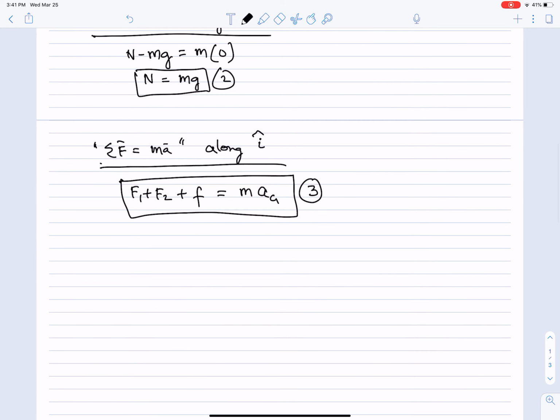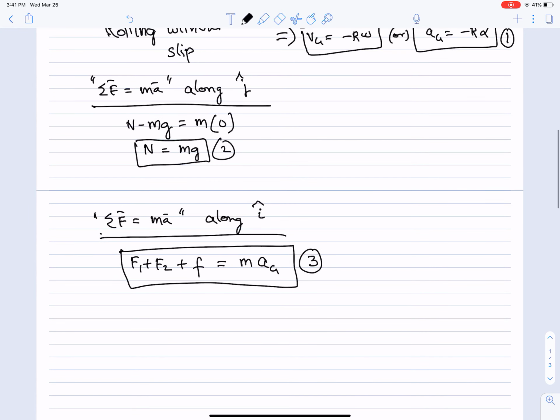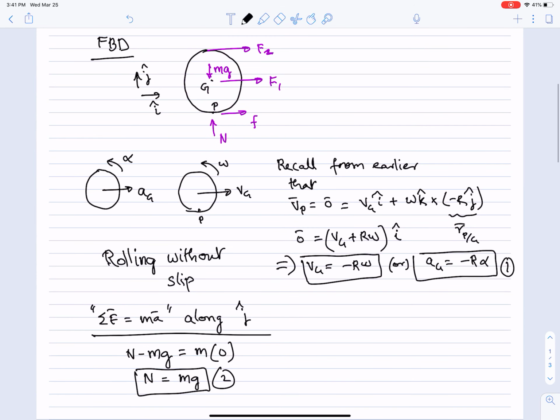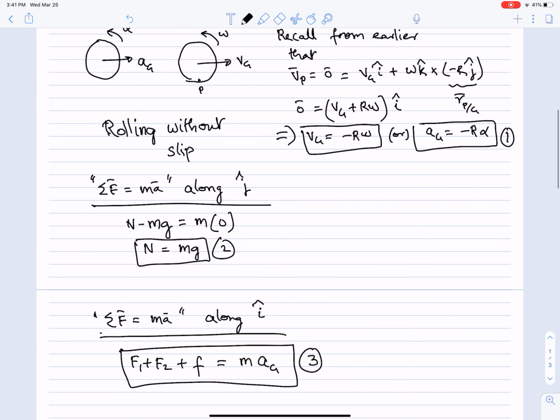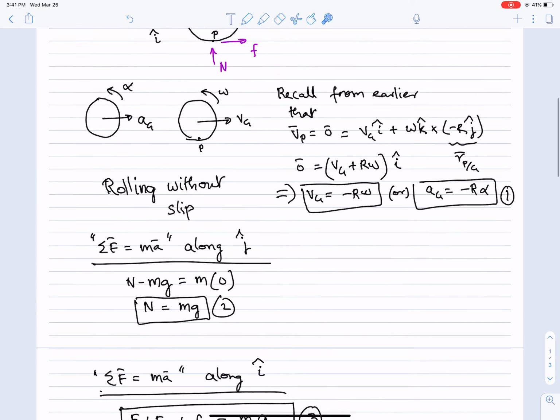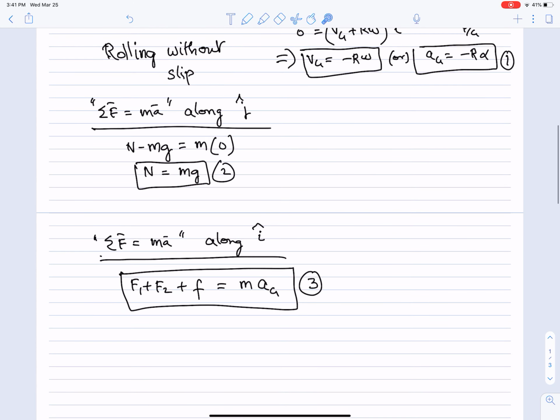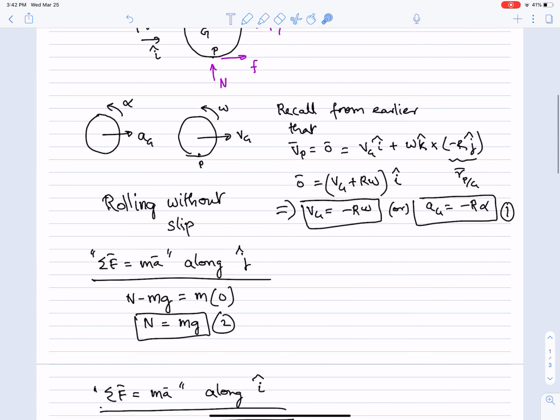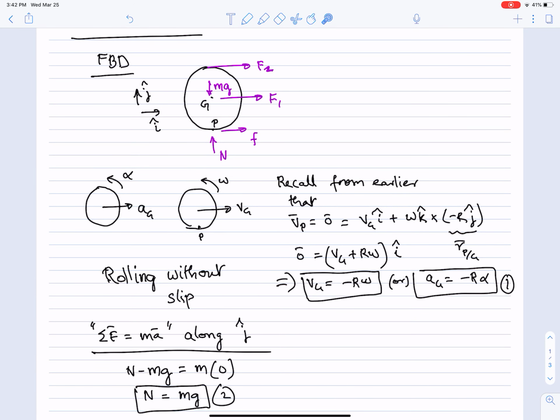Now we can do sum of moments equals I alpha. If you're doing sum of forces equals ma, you can do sum of moments equals I alpha either about G or P. It doesn't matter really. You can solve for everything you need.